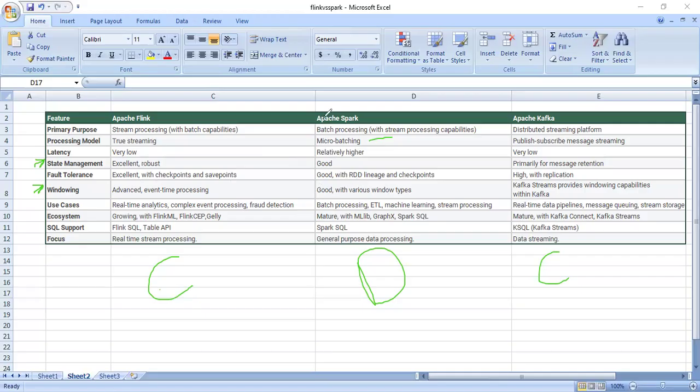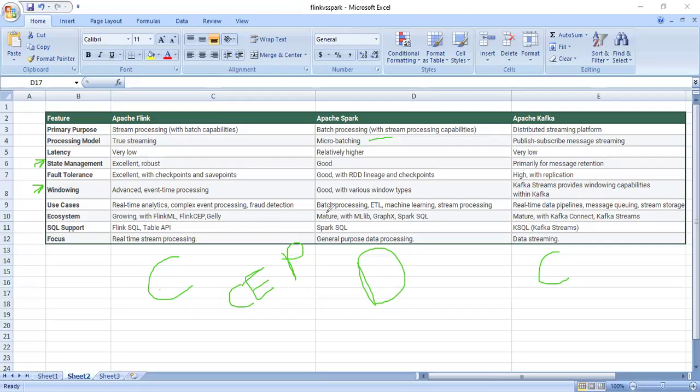So with this kind of architectural differences between Flink and Spark, when we consider the use cases for Flink, it is real-time analytics and fraud detection. It is very good at doing CEP, complex event processing, and it gives a framework to deal with that as well.